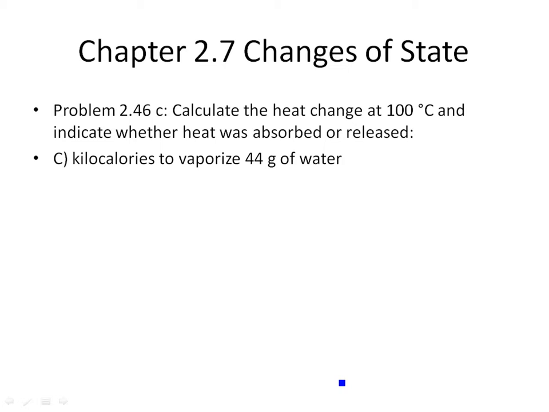Problem 2.46C says that we want to calculate the heat change in kilocalories to vaporize 44 grams of water. The first thing to think about is that for vaporizing, we want to use the heat of vaporization. Once again, these will be given to you.